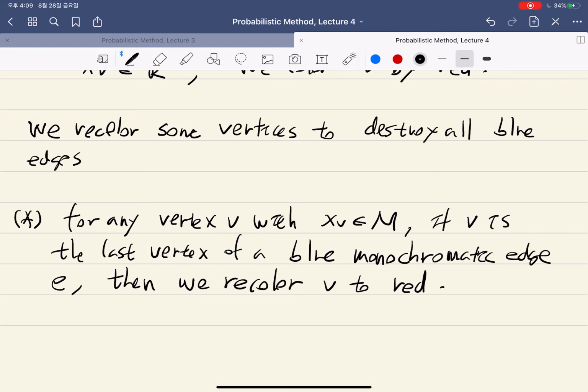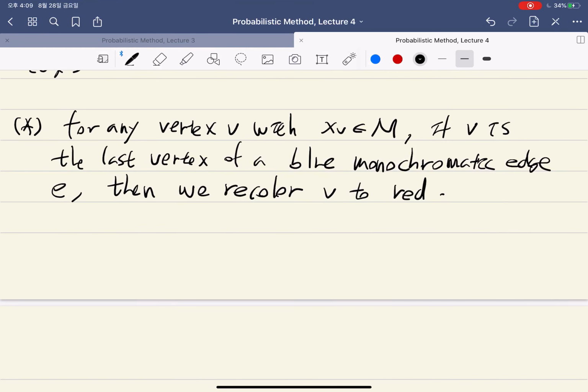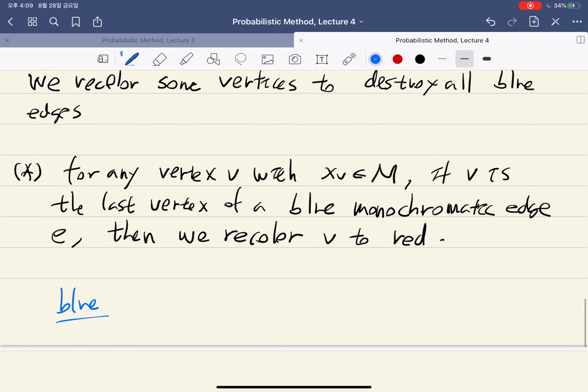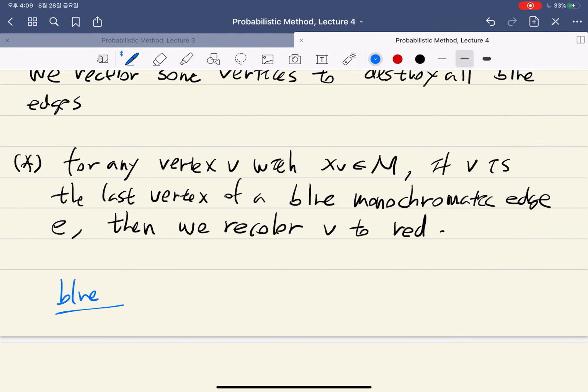So after doing that, what happened? There could be 2 types of monochromatic edges. Either blue: if there are still blue monochromatic edges, then this must contain no vertices which lie in M, so the labels of the vertices of this edge will be completely in L. And also there could be a red monochromatic one, which was not monochromatic before, but now becomes red monochromatic because some of the vertices in M were previously blue but are now red.